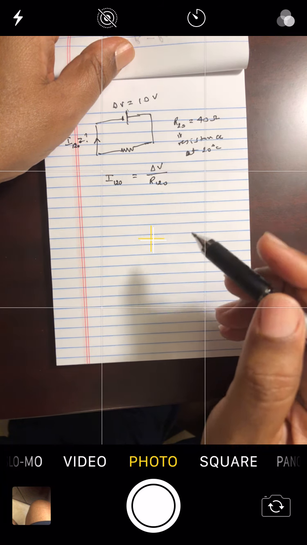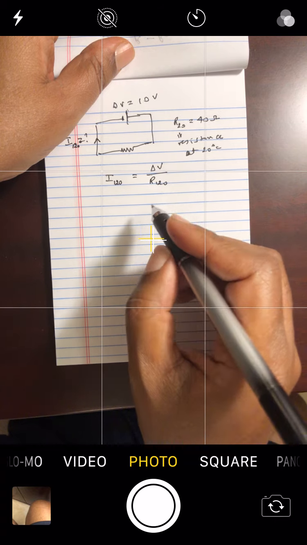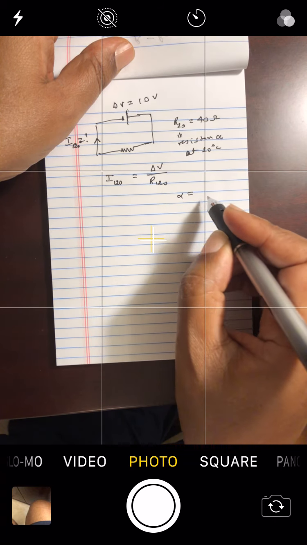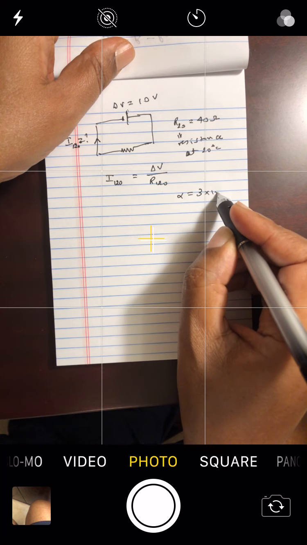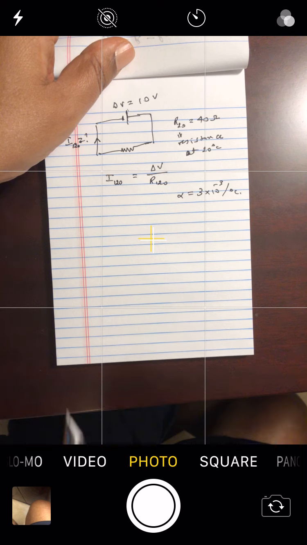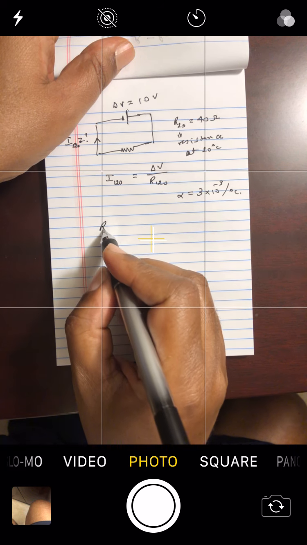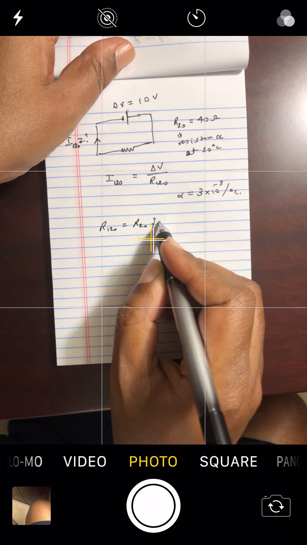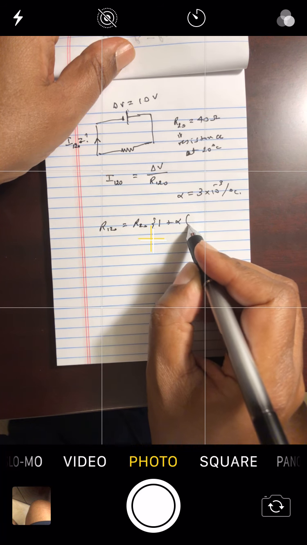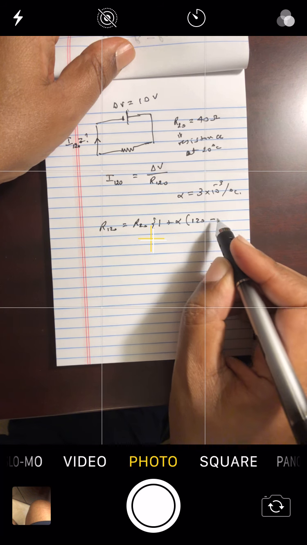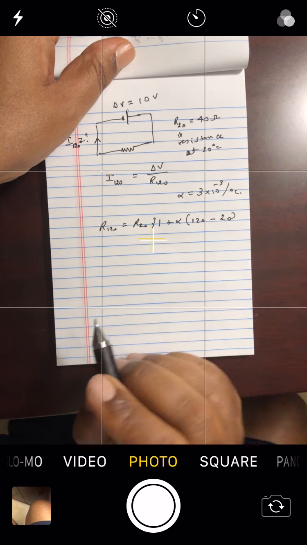Let's assume the value of alpha is 3 times 10 to the power negative 3 per degree centigrade. So we have the following formula: R at 120 equals R20, that's the initial, times 1 plus alpha times the final temperature 120 minus the initial temperature 20.